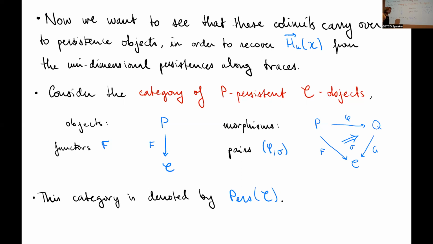This is the category that looks at all of the functors from posets into some fixed category C. The objects are just functors F from some poset P into this fixed category C. And the morphisms are pairs of poset morphisms and natural transformations between this F on the left and the composition of phi and G. We call this the category of P persistent C objects, and we denote it by pers of C.